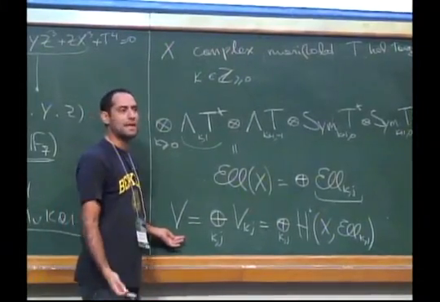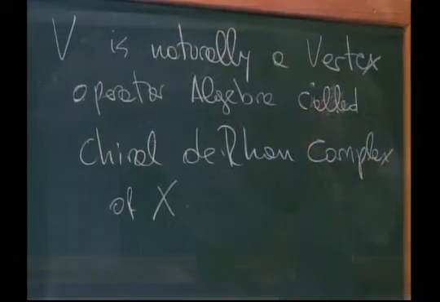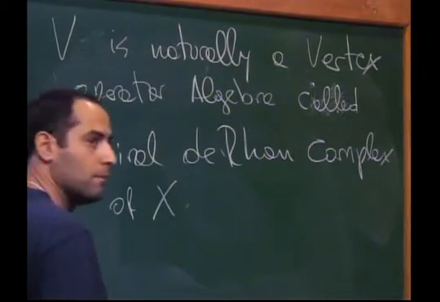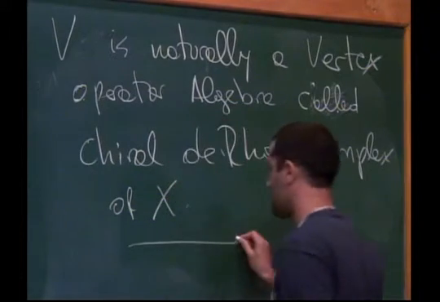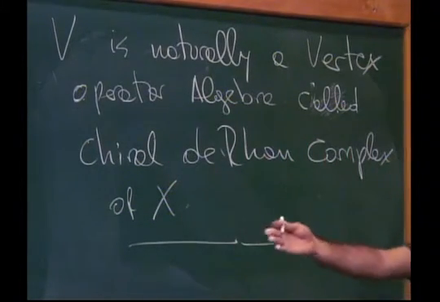Now let me make the precise statement. That vertex algebra has a filtration, and its associated graded is this guy. But that's a technical condition. As a vector space, at least, you have an isomorphism between these guys.